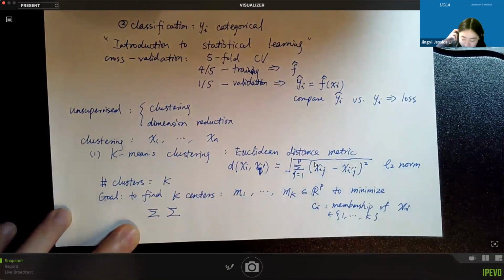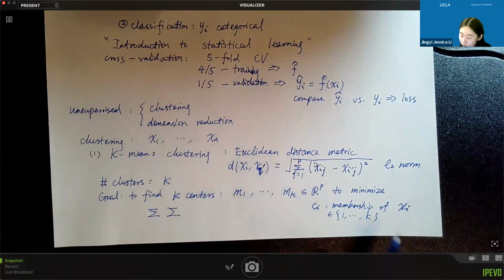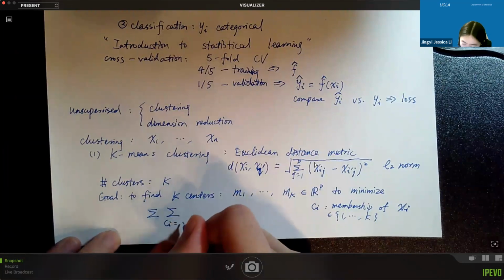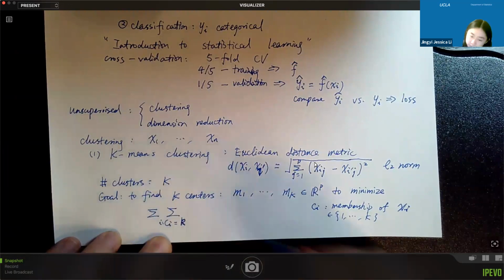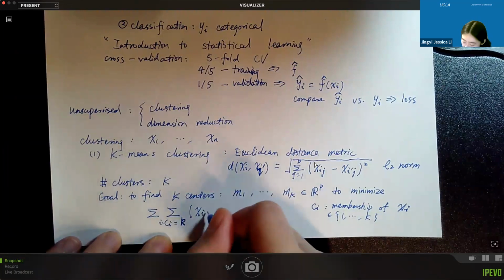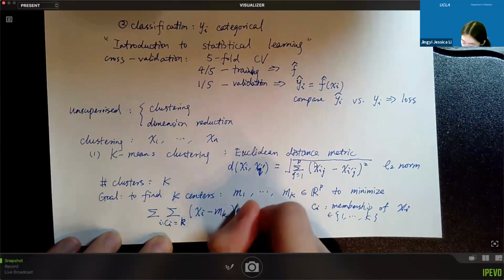What it means is that I assign the ith data point to its closest center. If it's closest to the first center, then ci equals 1. If it's closest to the kth center, then ci equals k. So it depends on which center point i is closest to. Then for all the points whose ci equals lowercase k, I take the square distance between these xi and the center mk squared.